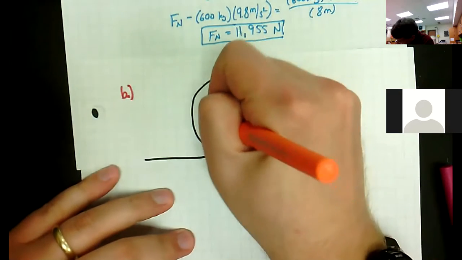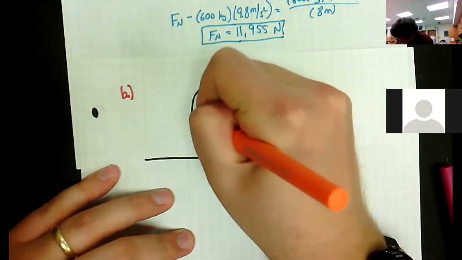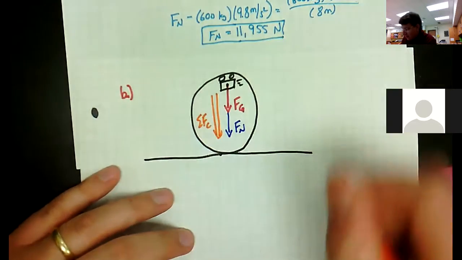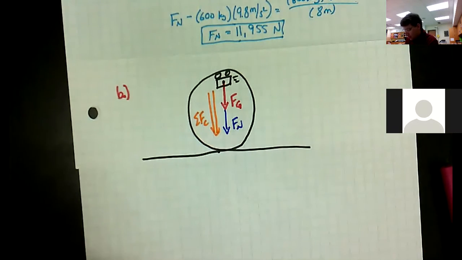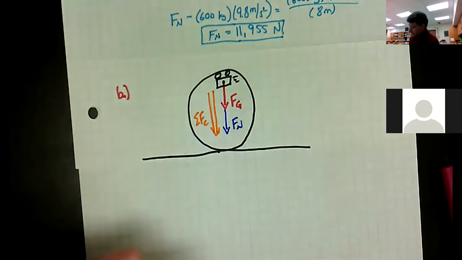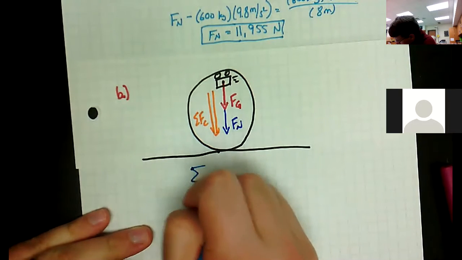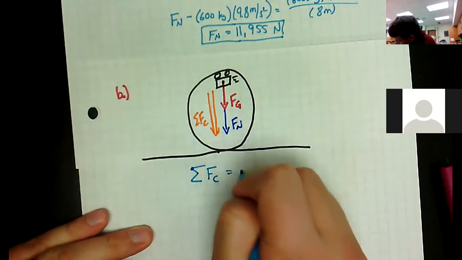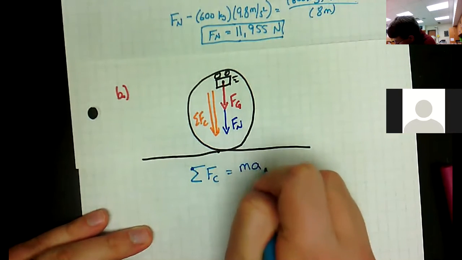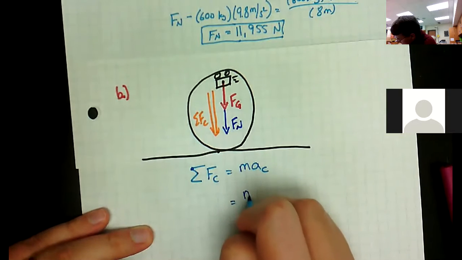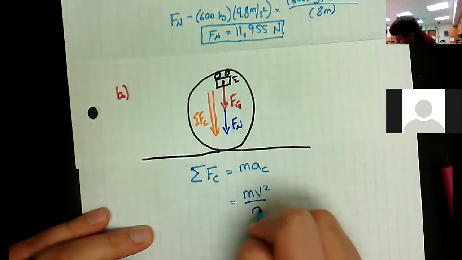And then I'm going to draw the centripetal forces being that sum, right? So when I do this, again, this side is going to become mv squared over r.